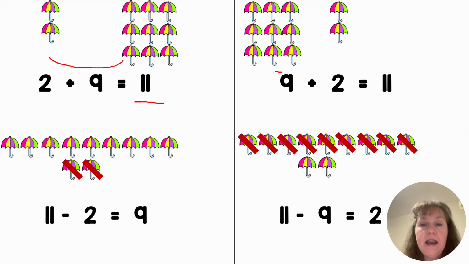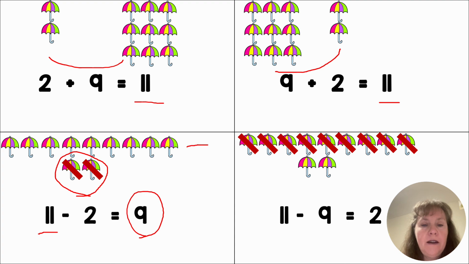So we start with 9 umbrellas, and we add 2 umbrellas, and we get 11 umbrellas. And then for subtraction, we start with how many we have all together, which is 11. We can cross out 2 umbrellas, and we are left with 9 umbrellas. So here, if you count them, you will see 9 umbrellas are left from 11 if we take 2 away.